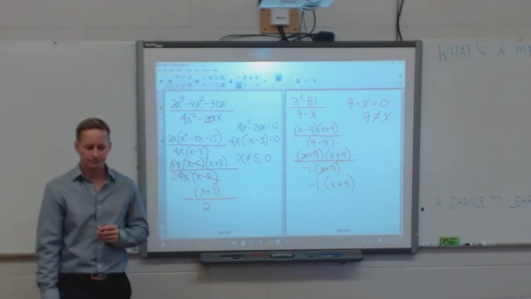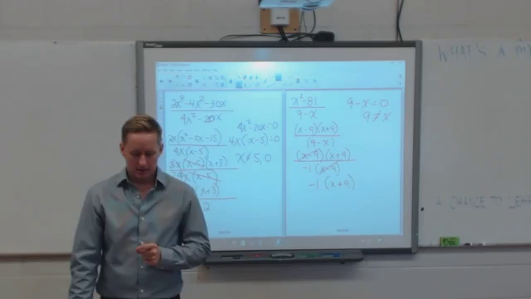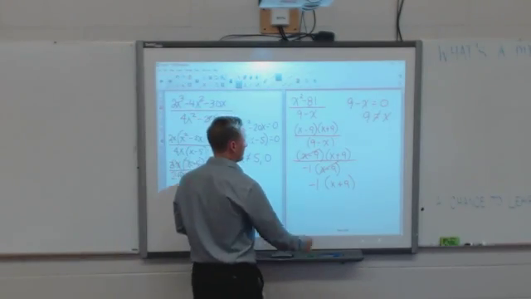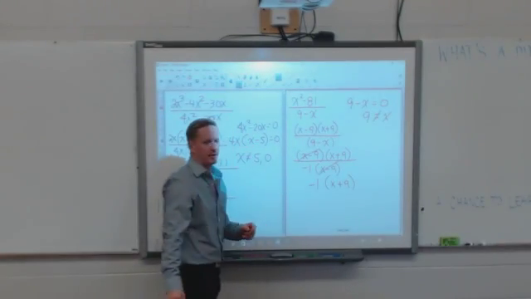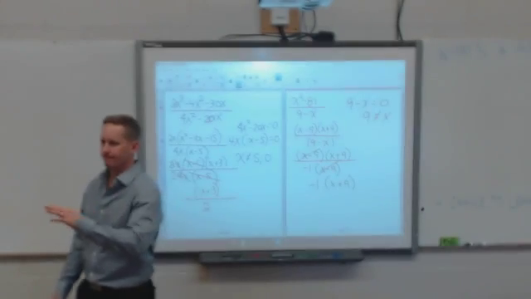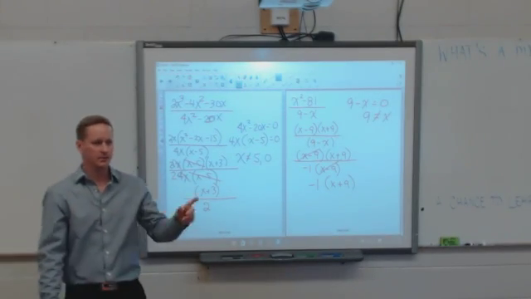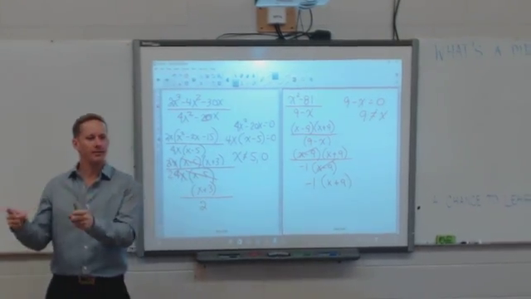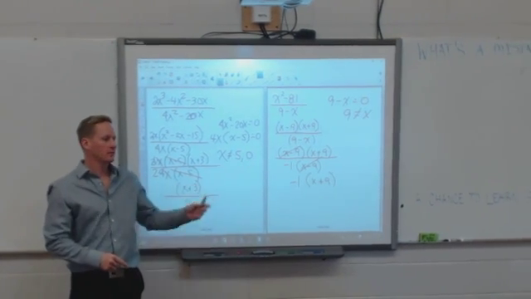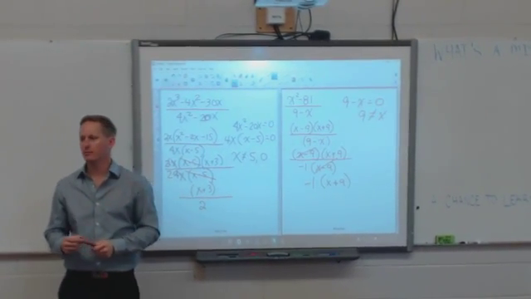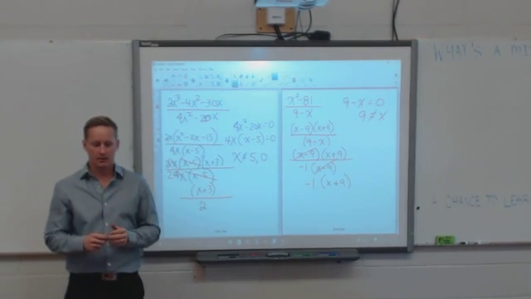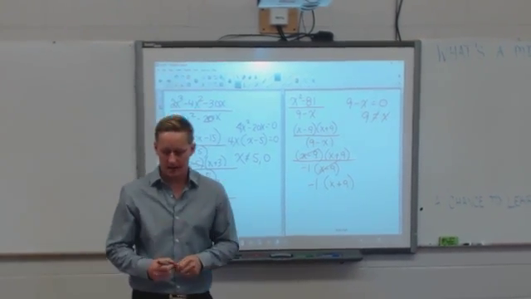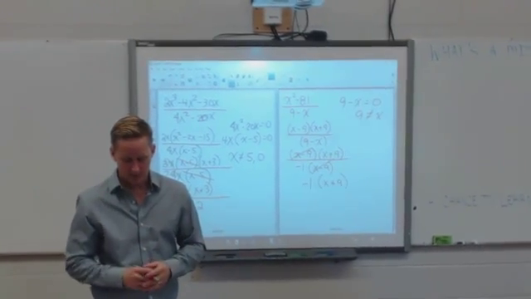All right. This guy right here, this is similar to what we did with the radicals. The additive inverse, that's what that is. Just changing it to its additive inverse. Okay? This one's a little different than that, but it works the same way.